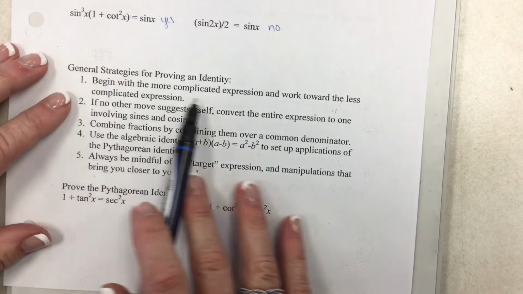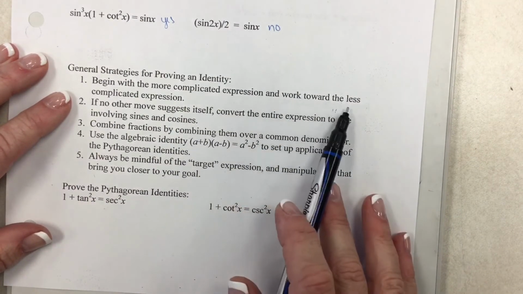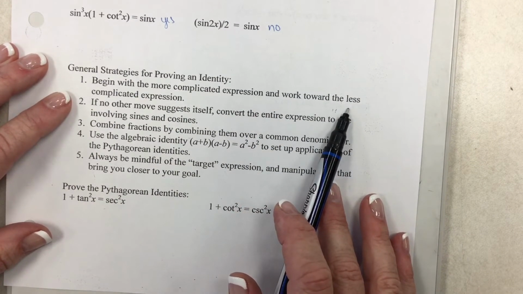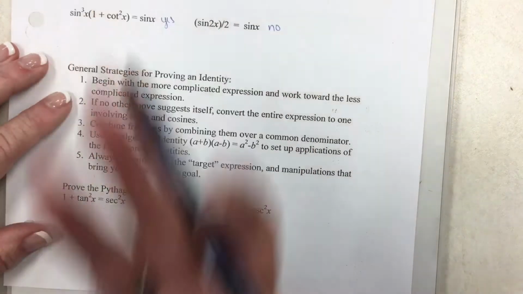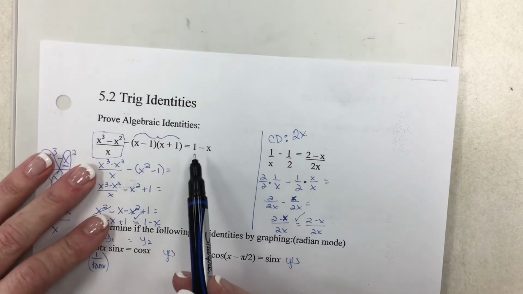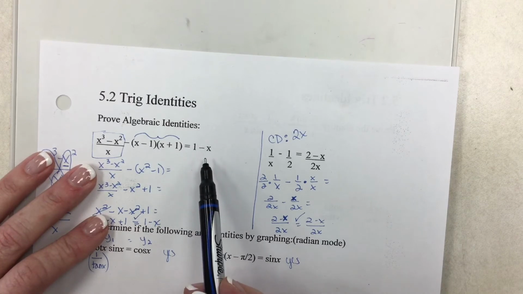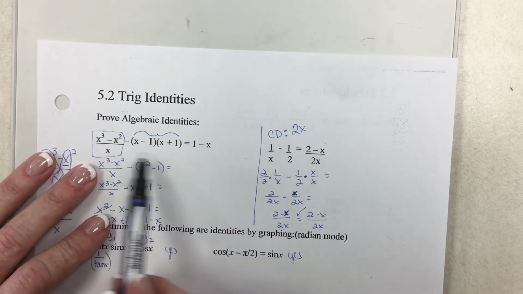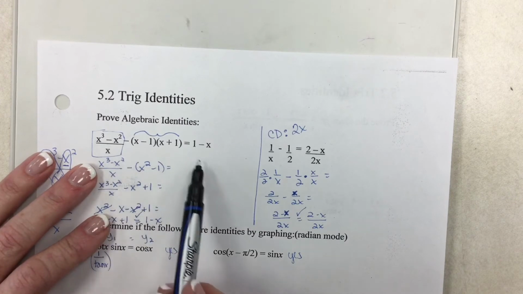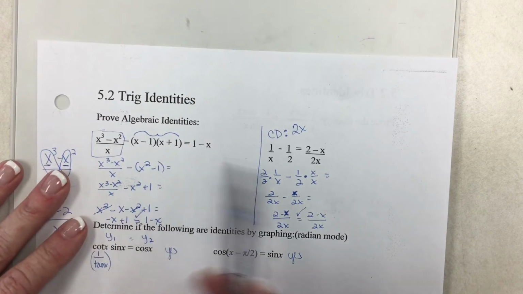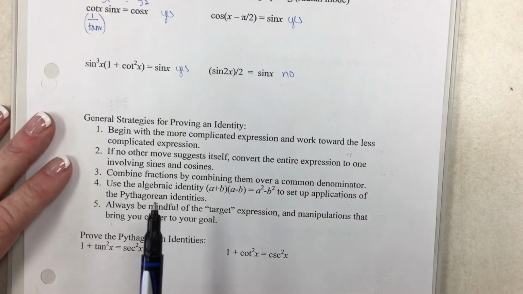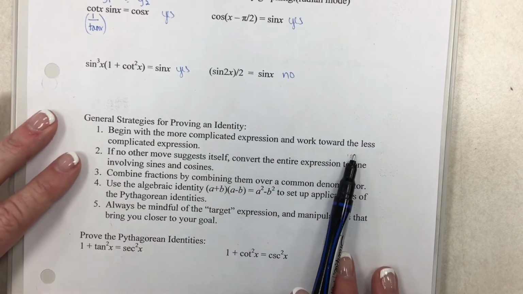So it says to begin with the more complicated and work toward the less, because if we have a pretty simple one, it's harder to work with. Like here, if I have 1 minus x, what's there to work with on that? Not much. So we want to start with the more complicated side and work to the least complicated side.